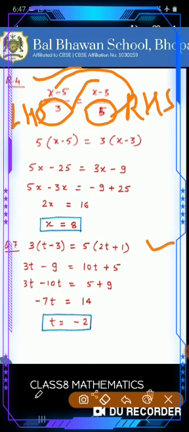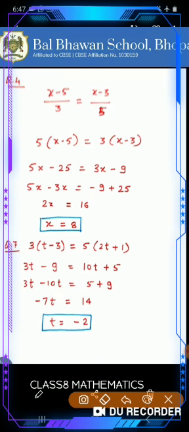Again, I am repeating, whenever we have two fractions, fractions having a common denominator, like here the numerator is x minus 5 and the denominator is 3. Just like this, we have a denominator on the right side also, that is 5.